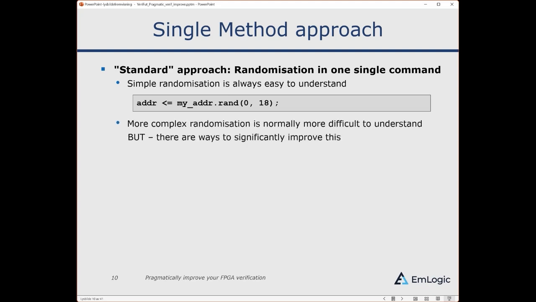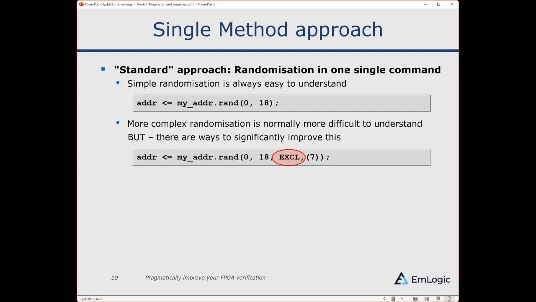But more complex randomization is normally more difficult to understand because you have more numbers as your parameters for different things. Having multiple numbers in a command, it's always difficult to understand what these different numbers actually mean. But there are ways to significantly improve that, and we do that by adding enumerated keywords.